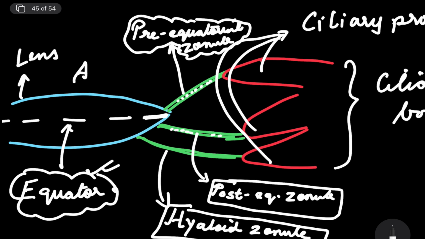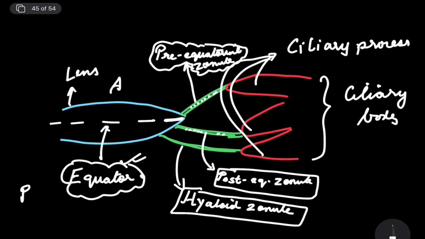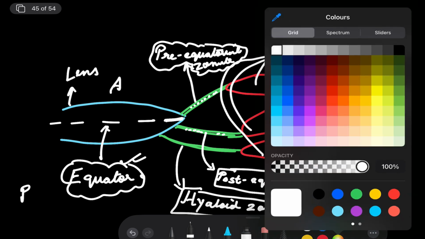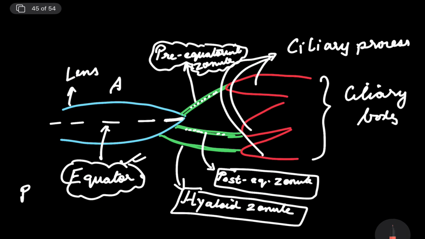Now, why have we given these special names? That is because in between these zonules are present certain spaces that we need to know about. What are these spaces that I'm talking about? Let me quickly choose a different color over here. In between these two zonules, can you see this space over here?